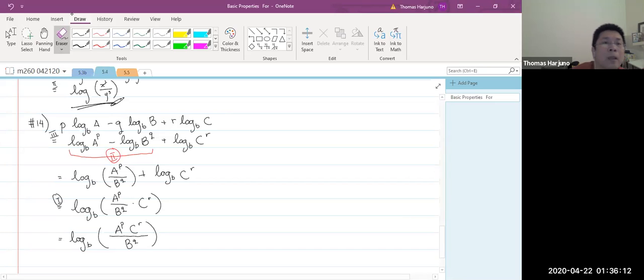Okay, now here's the thing though. I want to show you some shortcut. Now, how to see that shortcut? Let's take a look at the coefficient. If the coefficient is positive, like in this case, the p and r, then notice that it will be on the exponent.